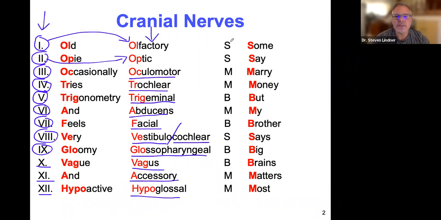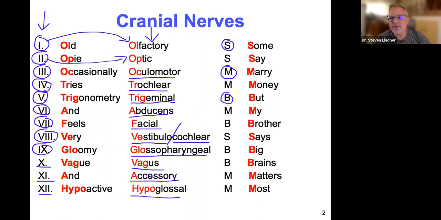Now, this column here off to the right is telling you whether the cranial nerve has sensory function, whether it has motor function, or whether it has B for both, mixed, sensory and motor. So the little mnemonic to remember that, some say marry money, but my big brother says big brains matter most.